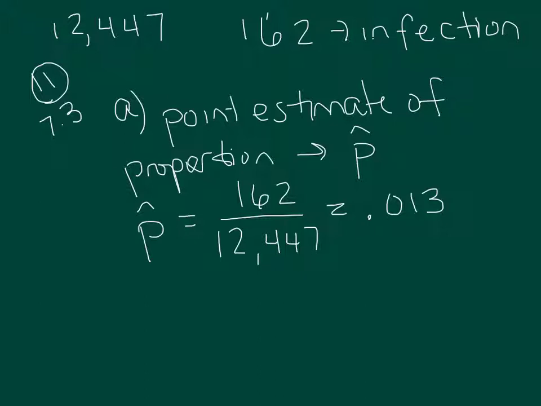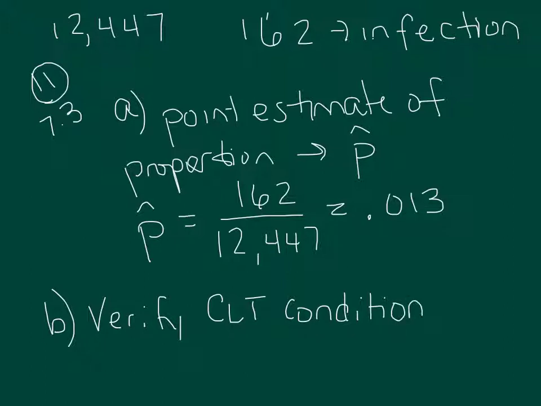Part B, which we'll do on the next page, wants us to verify that this sample is sufficiently large to construct a confidence interval for that proportion. That is, verify the CLT conditions. So it just wants us to use that interval with the 3 in it, p hat plus or minus 3 sigma p hat.